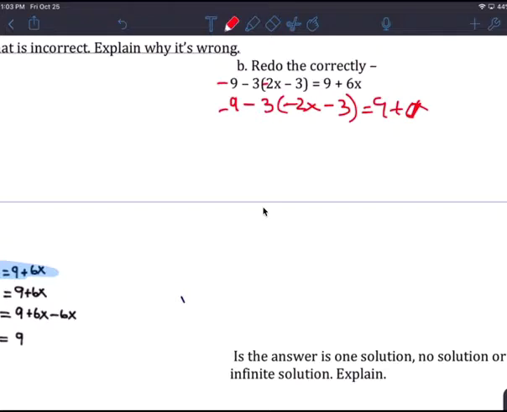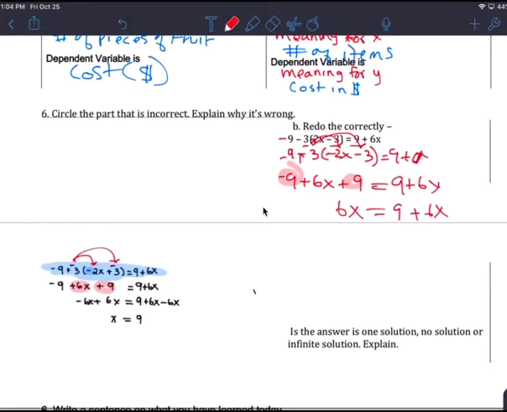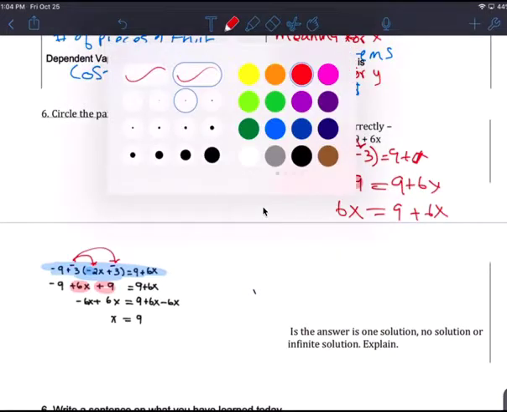Okay, additive inverse, you got negative 9 plus a negative, it's a positive 6x plus 9. That gets you 0. That leaves you 6x. 9 plus 6x. Okay, you make x equal to 0.